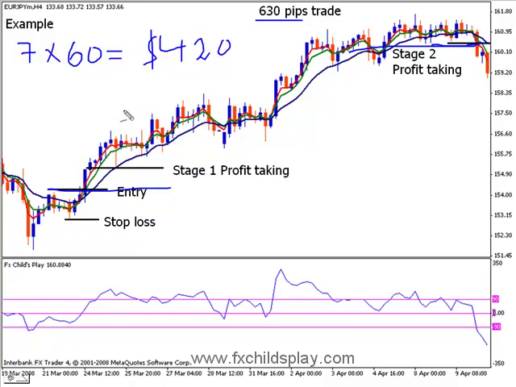So our remaining lots were closed at 630 pips. So the calculation is 630 into 3, which becomes 1890.